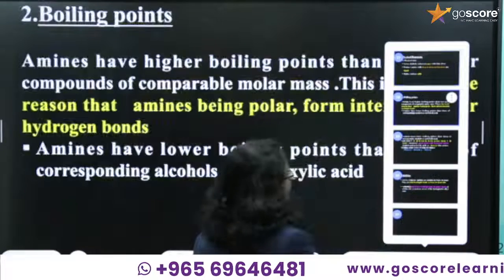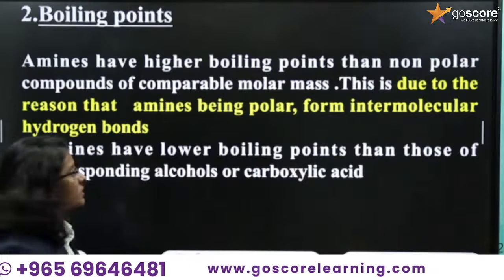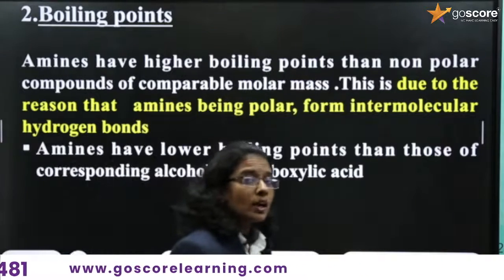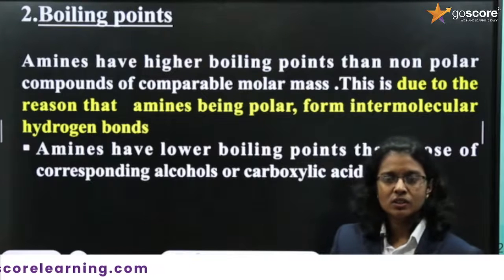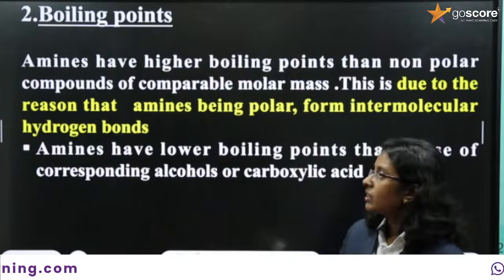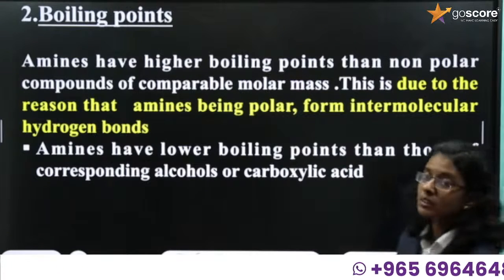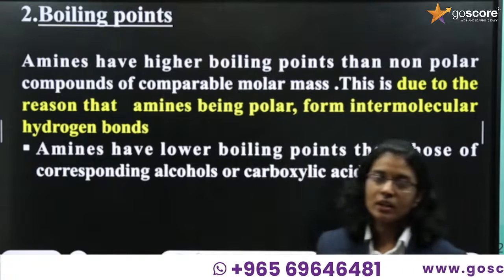Then we are discussing the boiling point of amines. See, amines have higher boiling point than non-polar compounds of comparable molecular mass. Why? This is again a reasoning type question. Why do amines have higher boiling point than a non-polar compound of comparable molar mass?